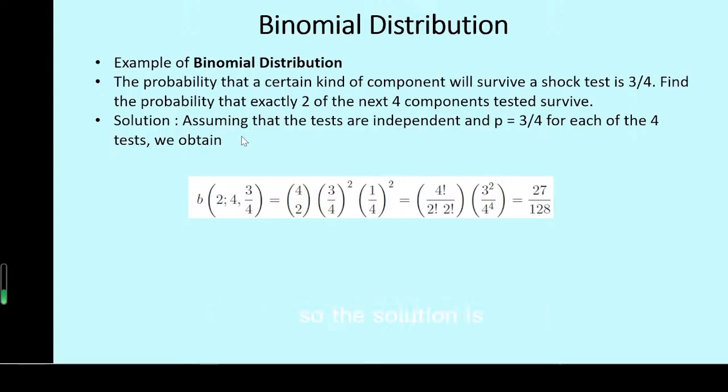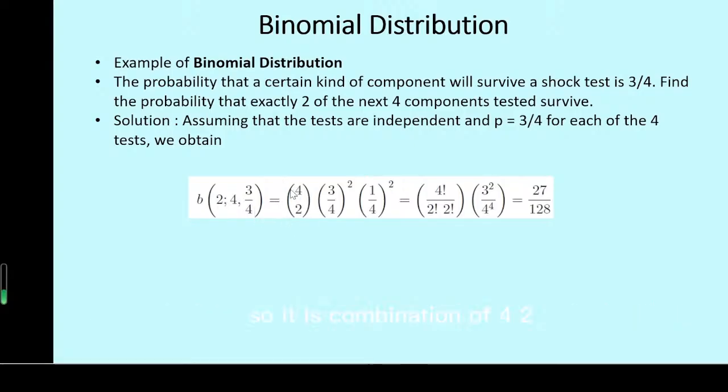So the solution is, if we assume the tests are independent, this will be a Bernoulli process, and the probability for each trial is 3/4. There are 4 tests in total, and we can calculate the binomial probability of x equals 2, because we want to know exactly 2 here, with n equals 4 and p equals 3/4.